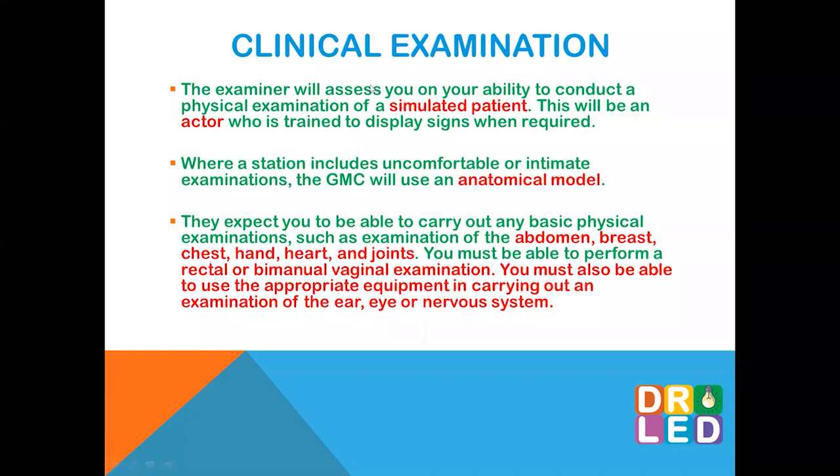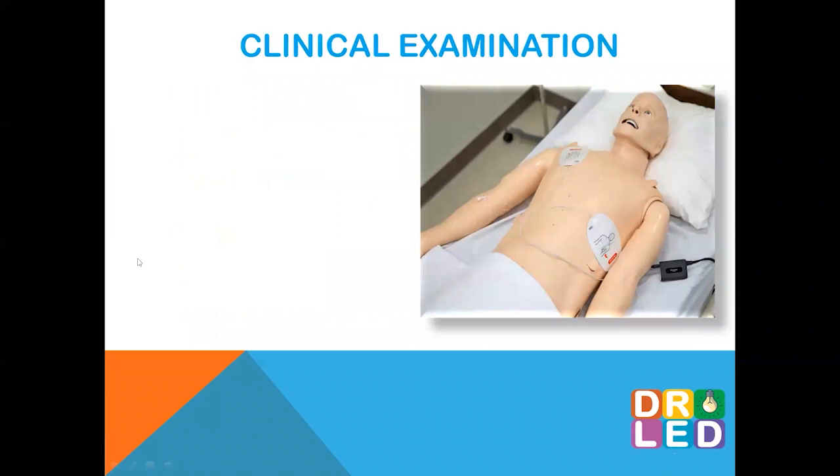Again, you need to know about abdominal, breast, chest, hand, heart, and joint examinations, rectal or bimanual vaginal examination, and the use of appropriate equipment for the ear, the eye, or the nervous system.